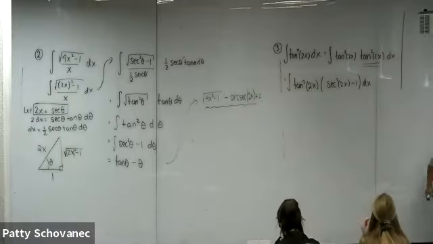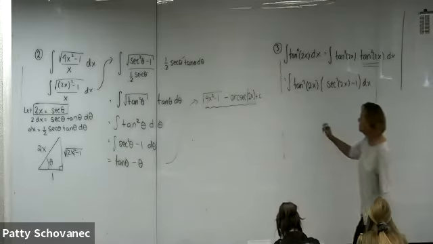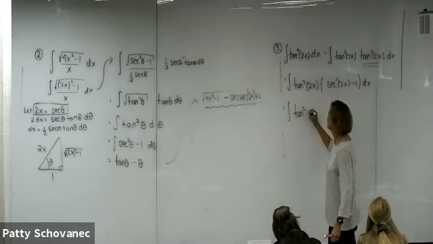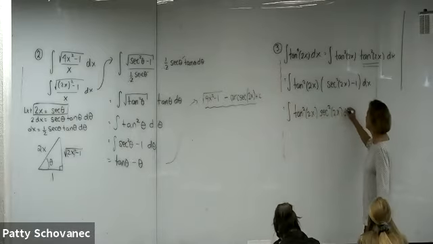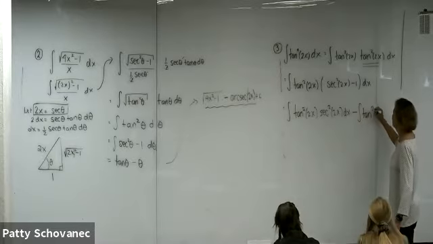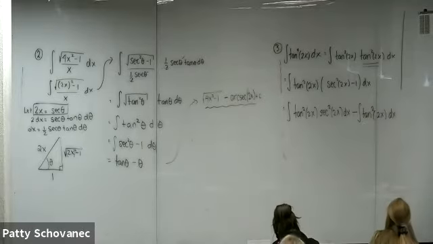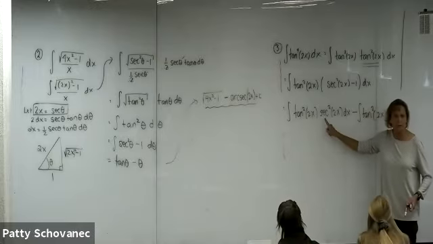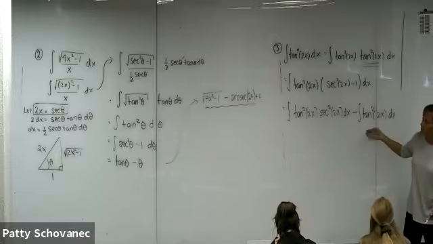That minus 1 on the end is a little bit of trouble, so let's multiply that out and make two integrals out of it. I'm going to have a tangent squared times a secant squared, and then a tangent squared times that minus 1, so minus the integral of tangent squared of 2x. I split it up because this was what I was looking for at the beginning, a u-du kind of integral. Let's take care of that one, then we'll come back and figure this one out. This won't be hard because we did it a second ago.